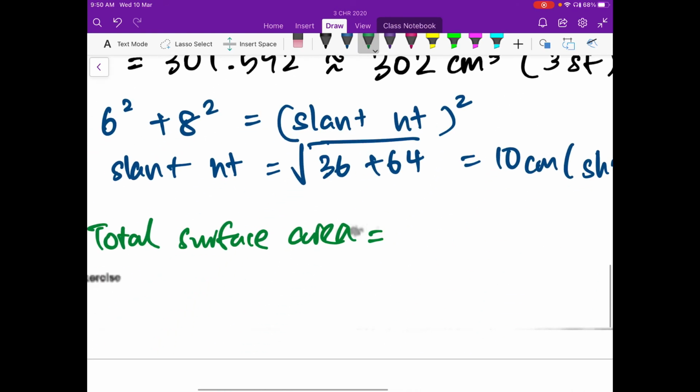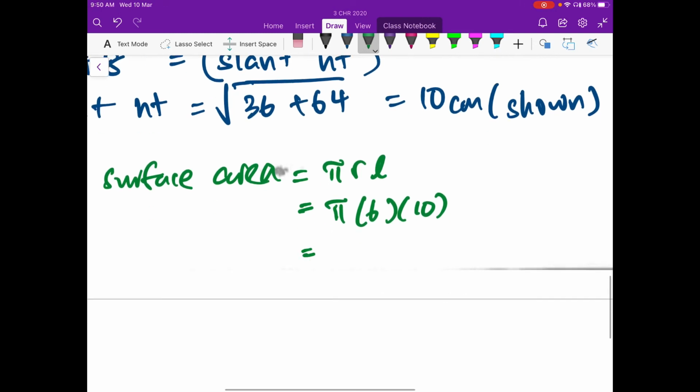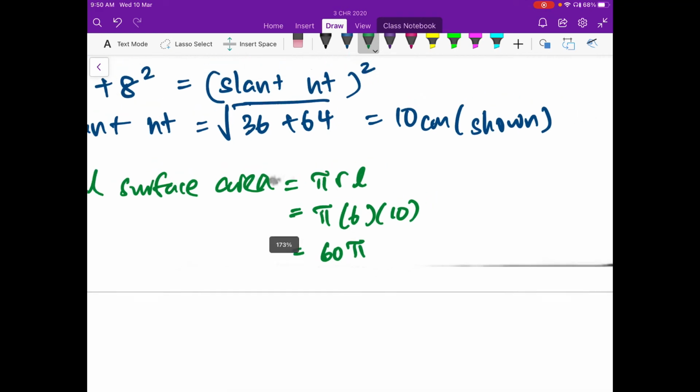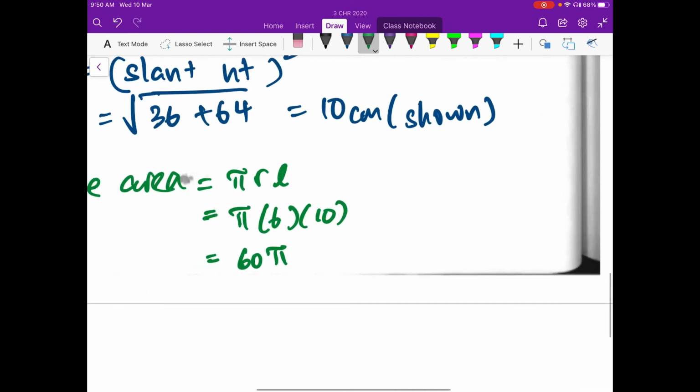So the formula, pi r L. L is the slant height. R is the radius, of course. So pi times 6 times 10. So you see, even if you didn't manage to prove that it is 10, just use the value of 10. So 60 pi, use your calculator, find out the value, unless they say leave in terms of pi. Okay, they didn't say that. So the value is 188.